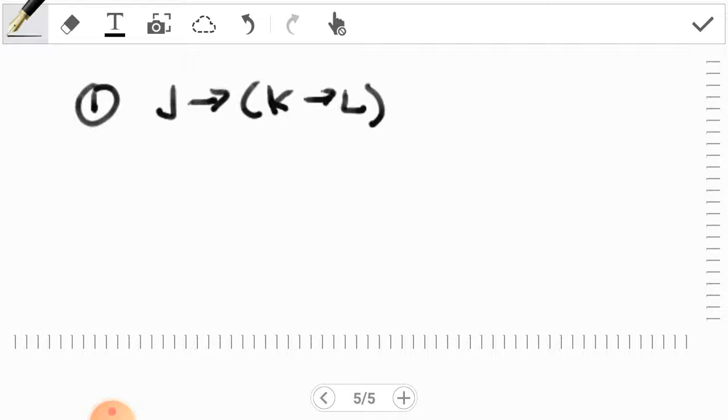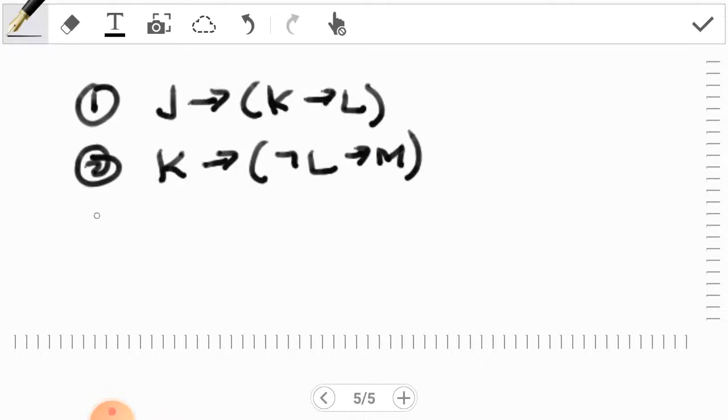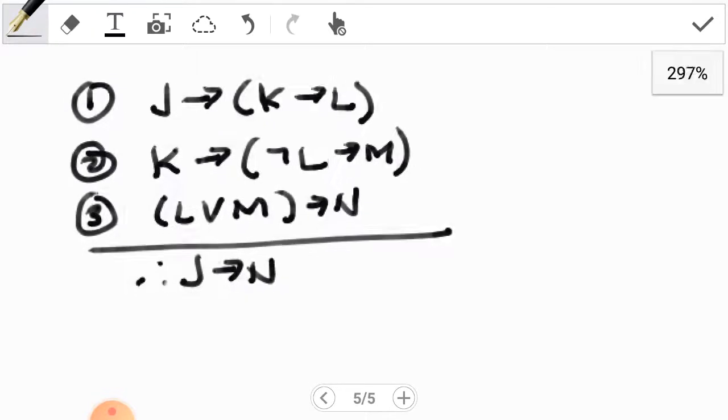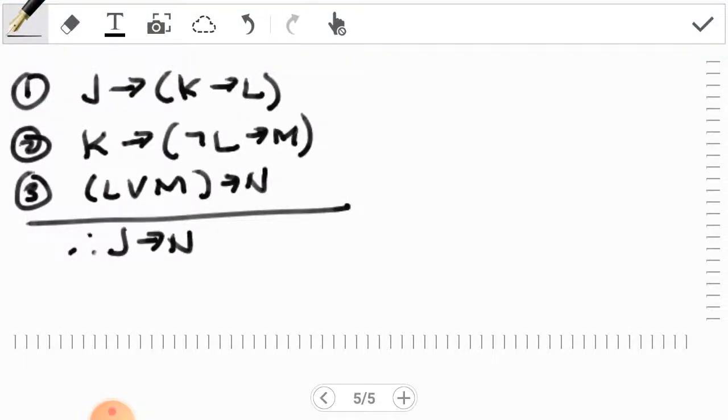So premise number 1, we have K implies L. Proposition 2, K implies not L implies M. And then proposition 3, L or M implies N. Final line, which is the conclusion, J implies N. In our argument, how many propositions do we have?